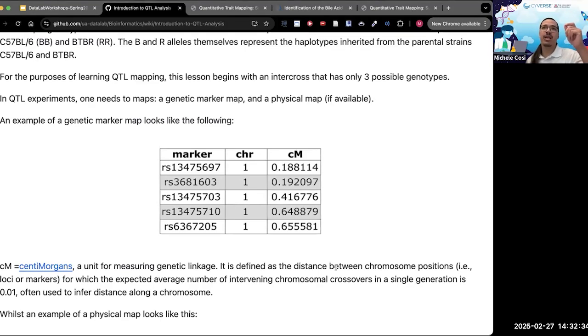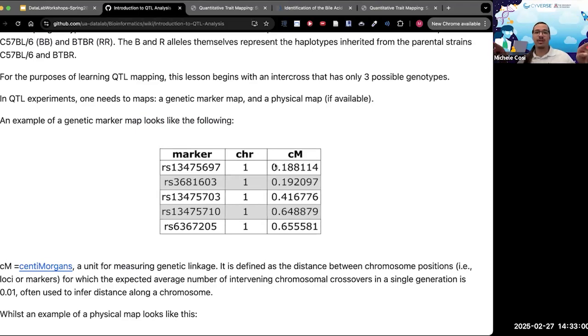But just do know that if a centimorgan is low, that means that during recombination, it is more likely that 2 genes, or for example 2 markers, are carried over at the same time.